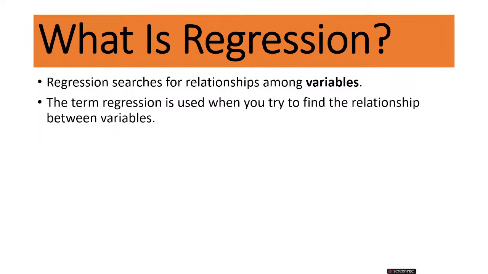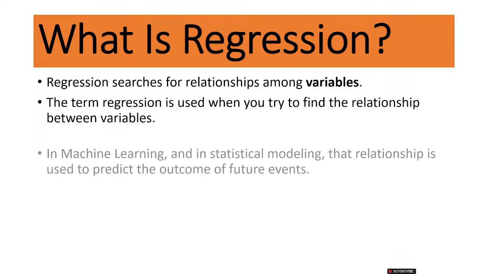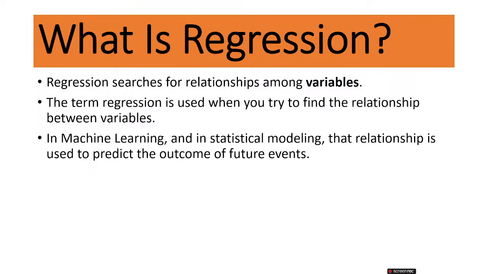Regression is used when you try to find out the relationship between two variables, three variables. It depends on your work. And in machine learning and in statistical modeling, that relationship is used to predict the outcome of future events.